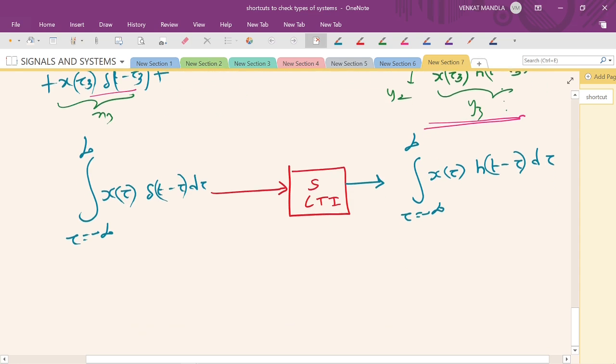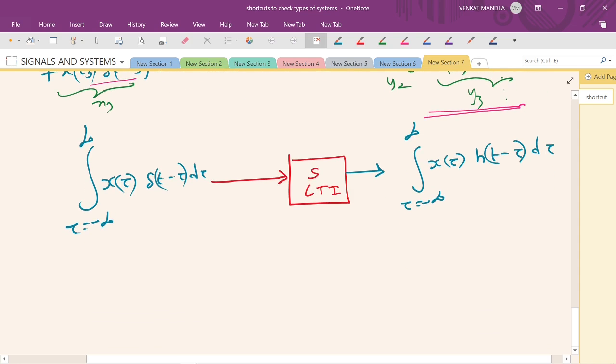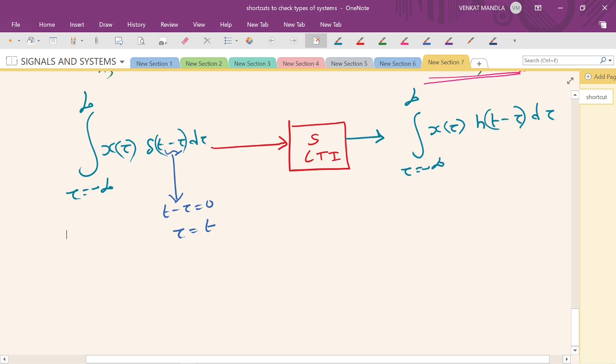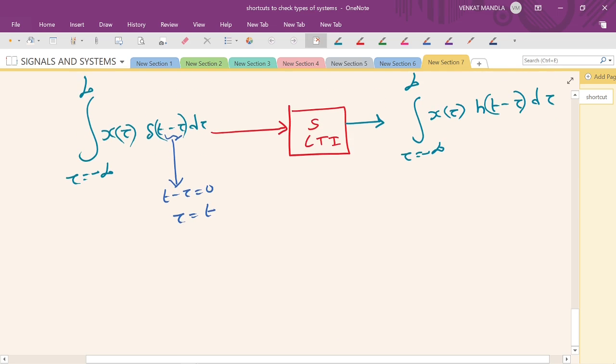I have already explained the properties of delta of t. Delta of t exists when the argument is 0, that is t minus tau equal to 0, that is tau equal to t. Only at tau equal to t does the impulse function exist; in all remaining cases it is 0. So in place of tau you put t: x of t into delta of t minus tau d tau.